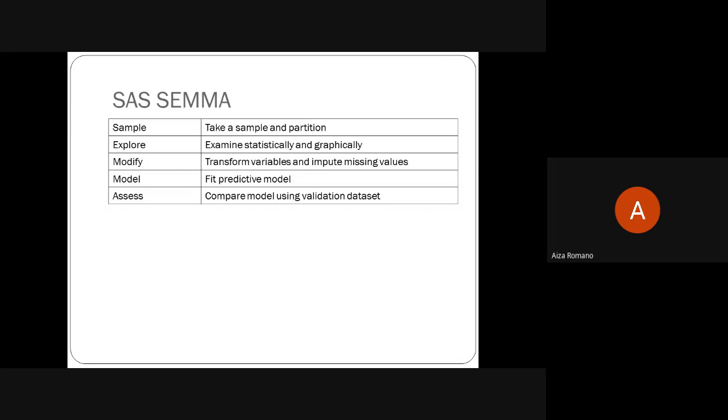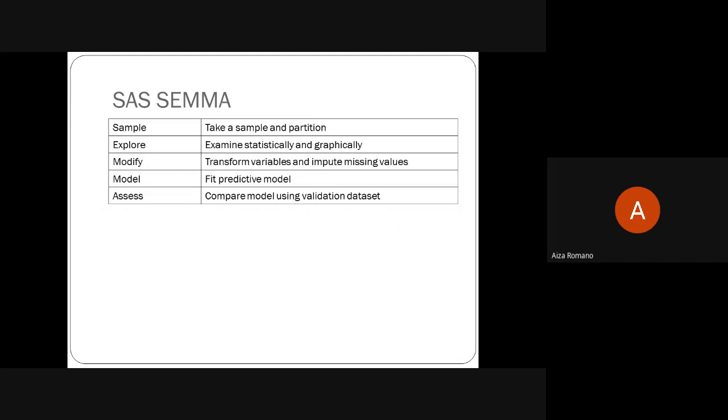Explore, examine the dataset statistically and graphically. Modify, transform the variables and impute missing values. Model, fit predictive models, for example regression tree or neural network. Assess, compare the models using a validation dataset.